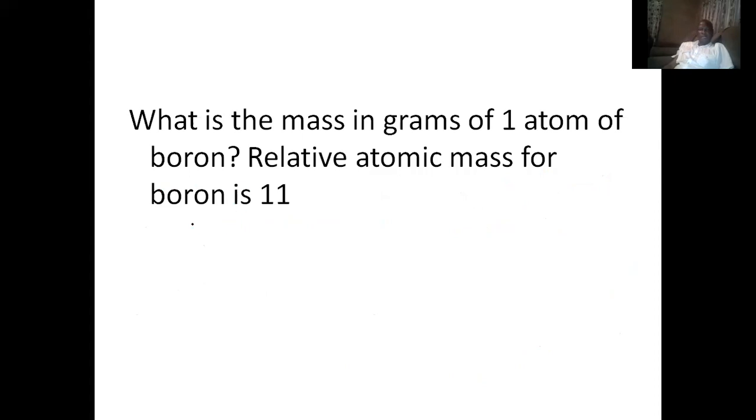Here we know that the relative atomic mass of boron is 11, and therefore 11 grams would be equal to 6.022 multiplied by 10 to the power 23 atoms of boron.